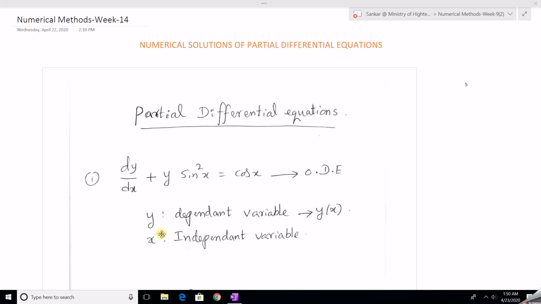So when there is only one independent variable and the dependent variable y depends on x, the only independent variable x, then the equation involving the derivatives is called an ordinary differential equation because this derivative is an ordinary derivative where y depends on only x.